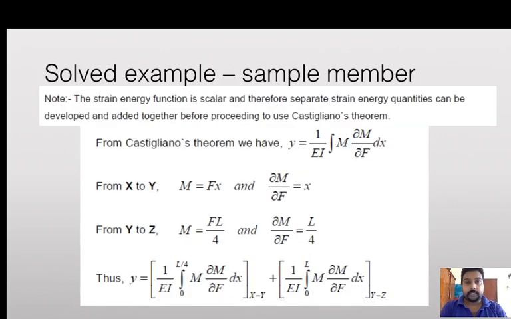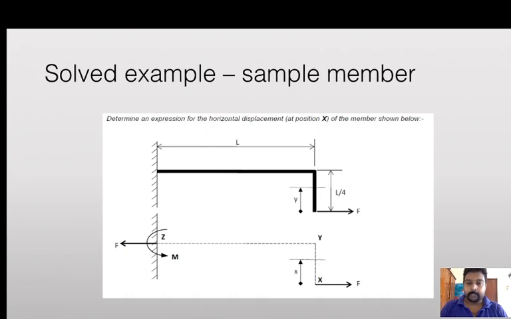The strain energy is a scalar, and therefore separate strain energy quantities can be developed and added together before proceeding to use Castigliano's theorem. From Castigliano's theorem, the deflection equals 1 divided by EI times the integral of M ∂M/∂F dx. Starting from point x going to point y, the moment equals F times x.